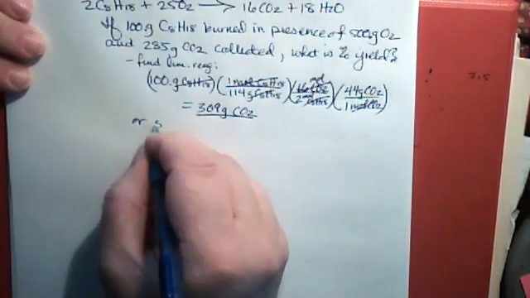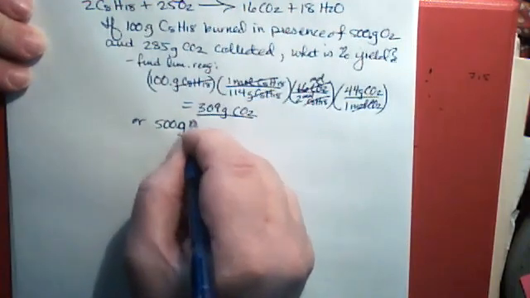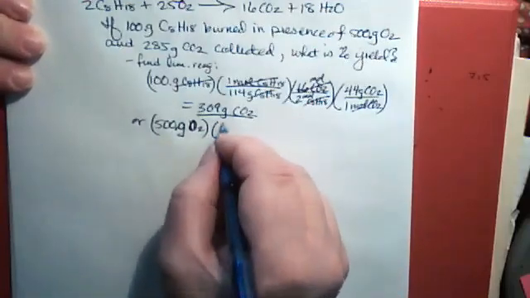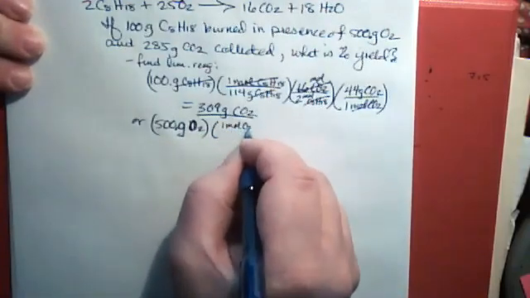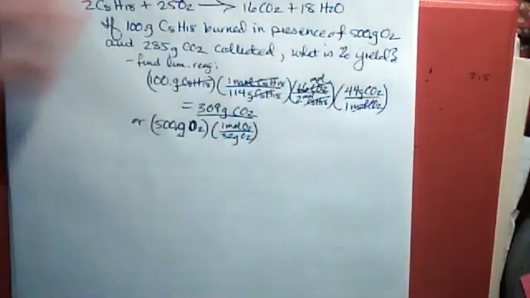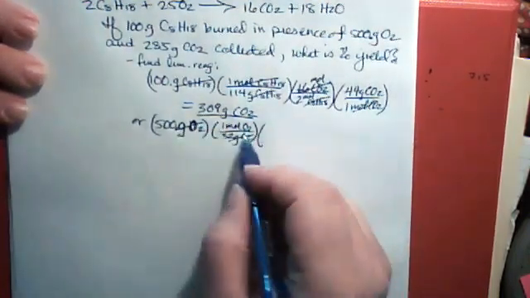But there's also the oxygen. Okay, so we have 500 grams of oxygen. The molar mass of O2 is 32. That's twice the number in the periodic table because oxygen is a diatomic element, meaning it comes in pairs. And at this point, we would have moles of O2.